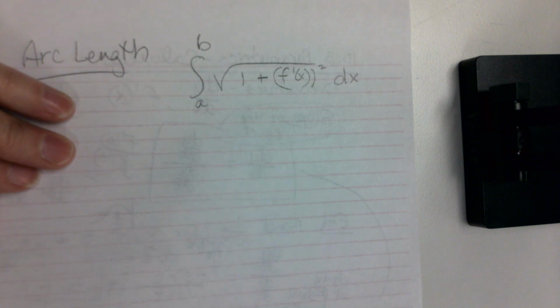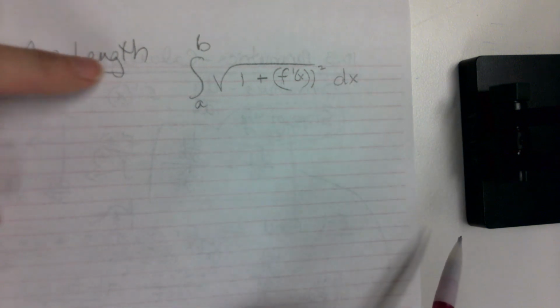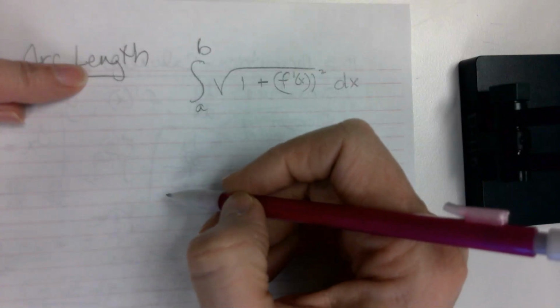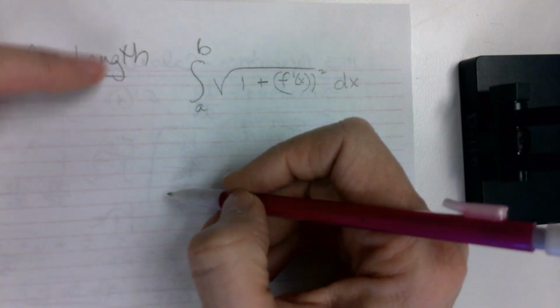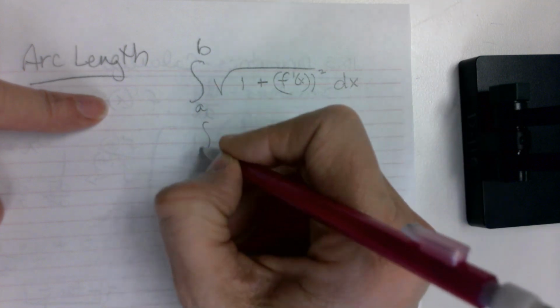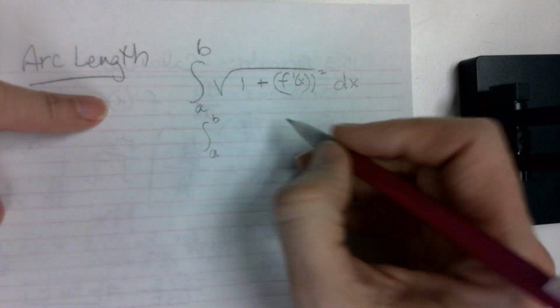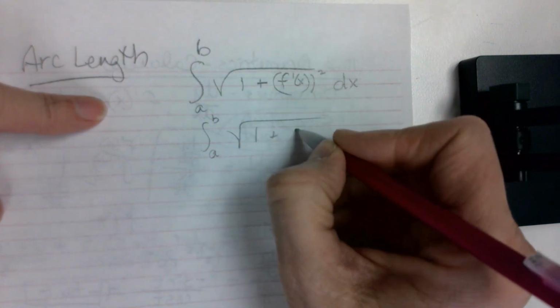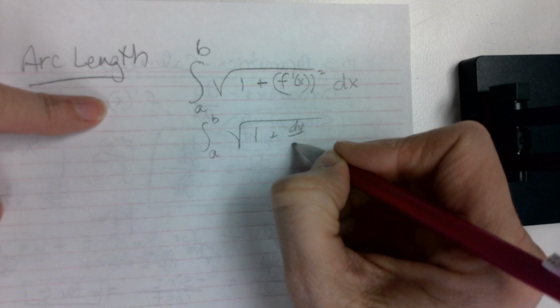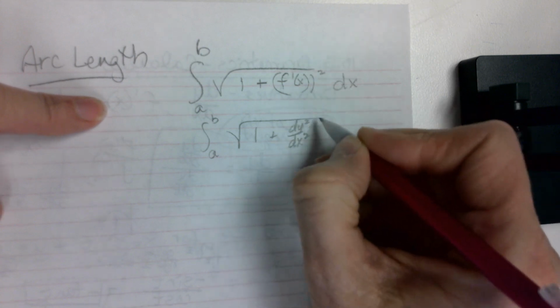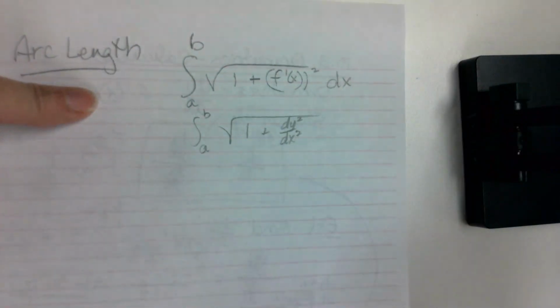So now I'm going to try to show you how this can morph into something with the dt's, right? So f prime of x is really dy over dx, right? And if I square it, would you say both of them would be squared?